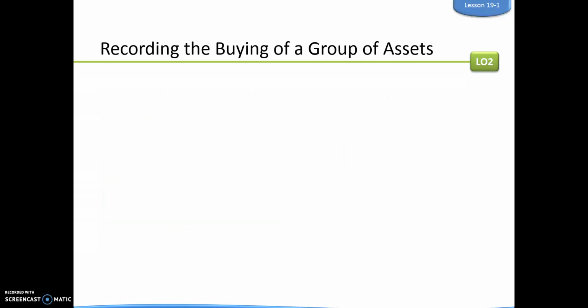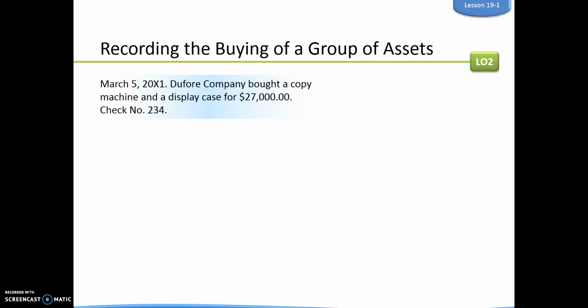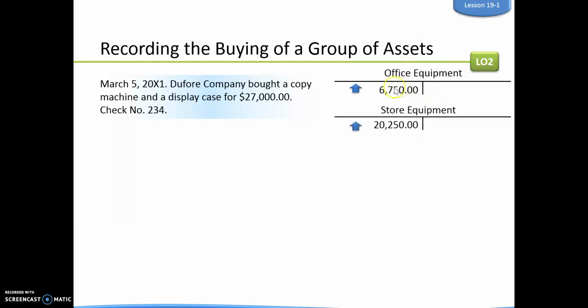Then what happens is we record that in our cash payments journal. So we bought a copy machine and a display case for $27,000. But the value of that is what we just found previously, which was $6,750, and our store equipment was $20,250. So those are our allocated amounts that we had just found.